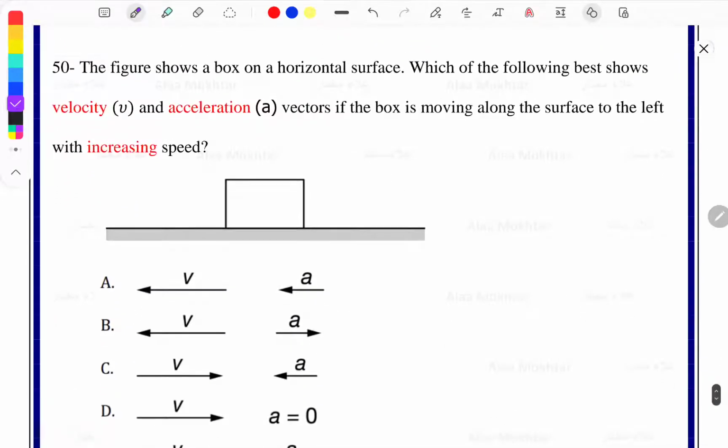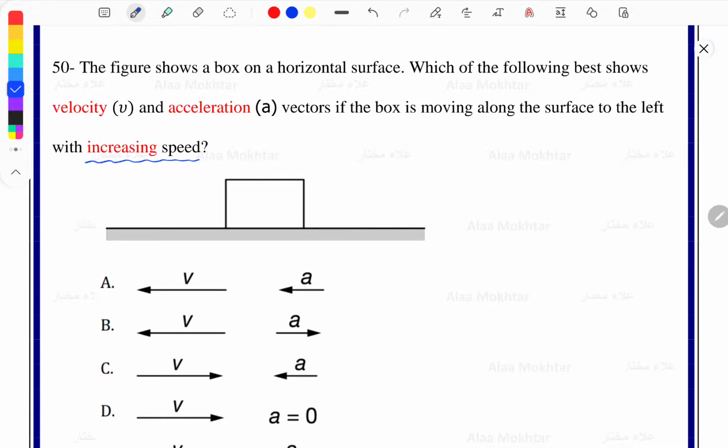The last question, I think it's the last. The figure shows a box on a horizontal surface. Which of the following best describes the velocity and acceleration vectors of the box moving along the x surface to the left with increasing speed? If the speed is increasing, acceleration and velocity are in the same direction.